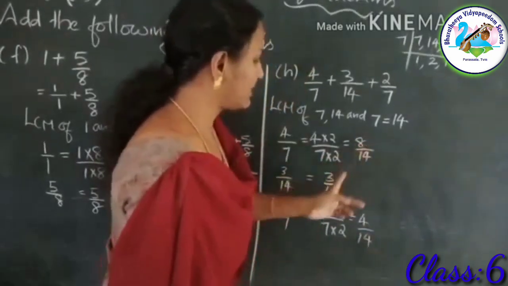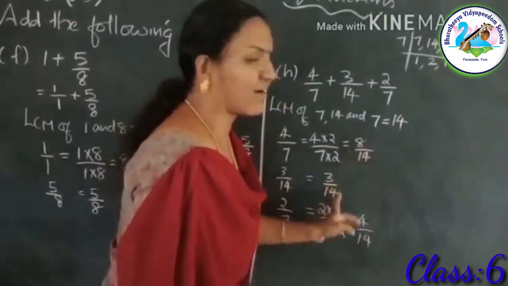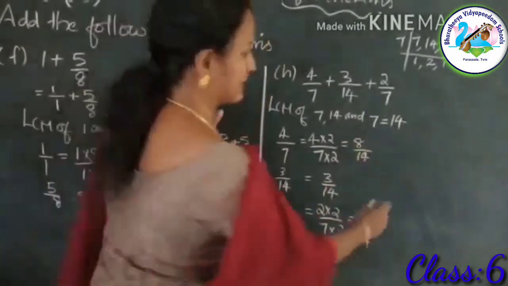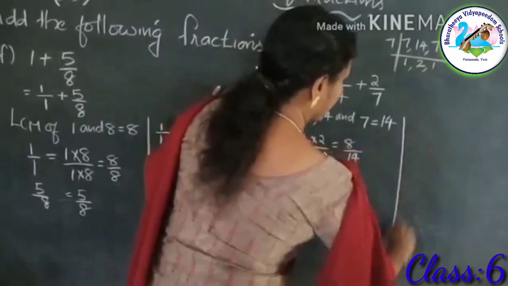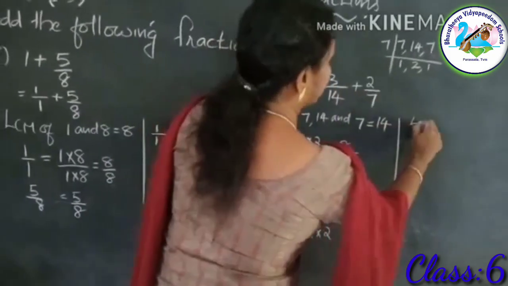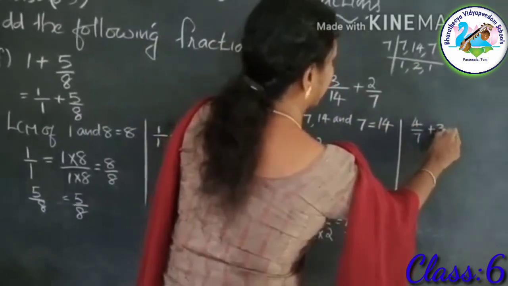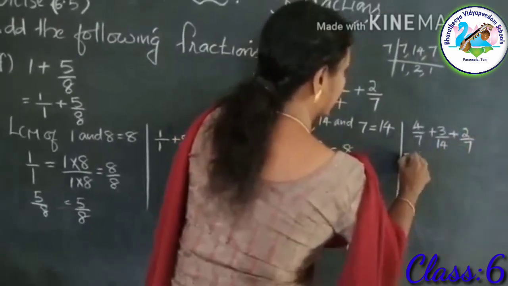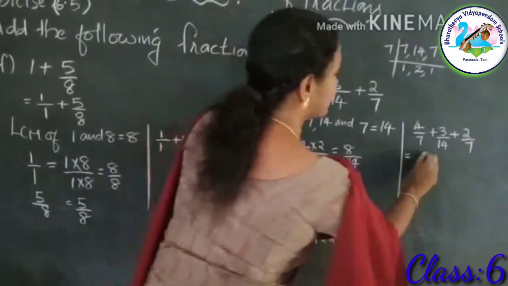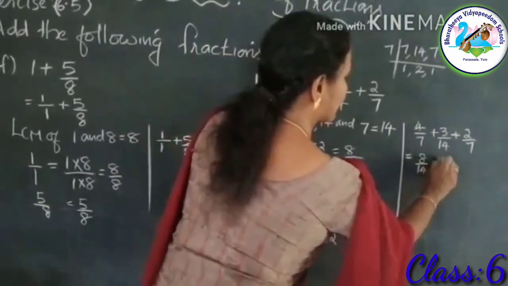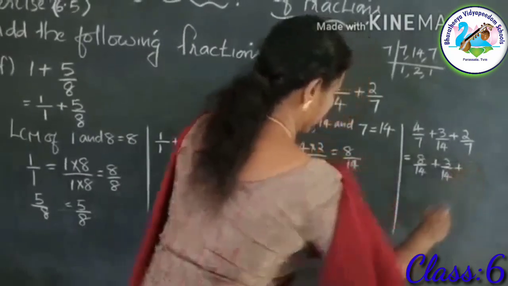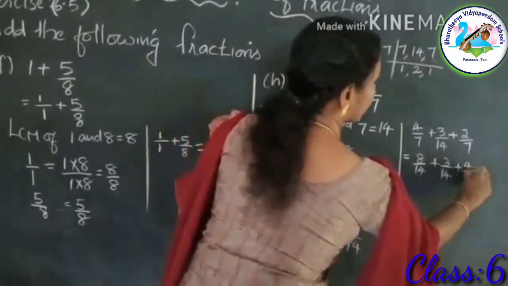Now 8 by 14, 3 by 14, 4 by 14. These are all like, denominators are same. So we add the numerators. So 4 by 7 plus 3 by 14 plus 2 by 7 is equal to 8 by 14 plus 3 by 14 plus 4 by 14.